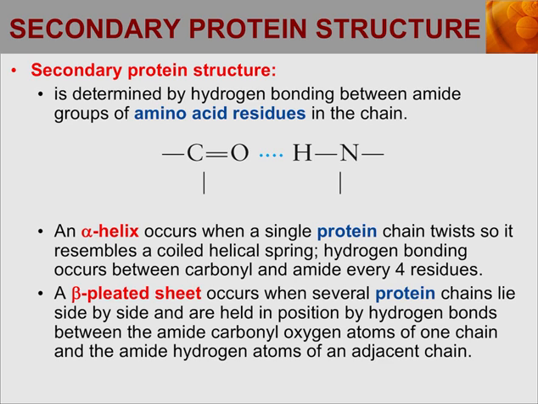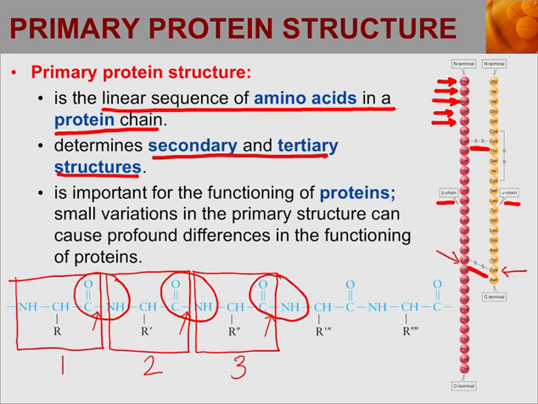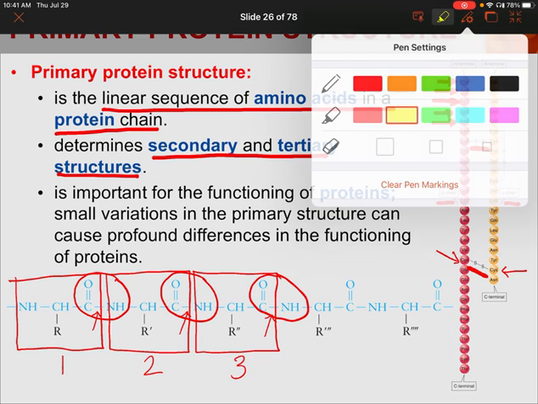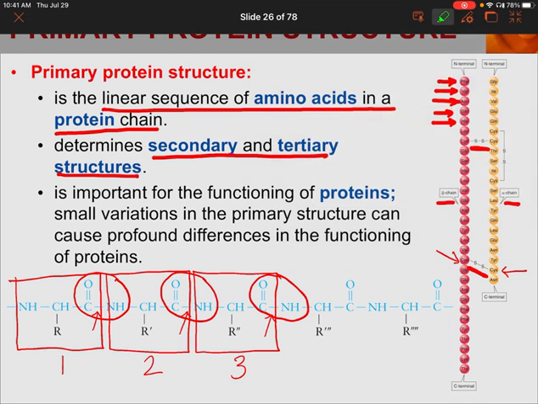protein structure. So the secondary protein structure is determined by hydrogen bonding between amide groups of amino acid residues in the chain. So let's go back. What's going to happen here, actually I'll use green.